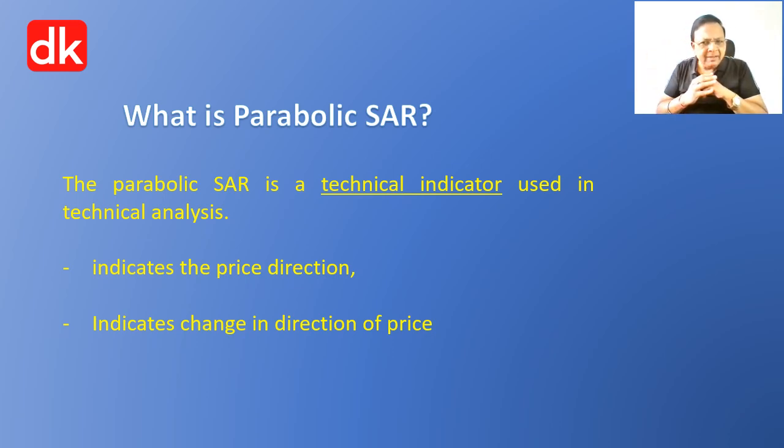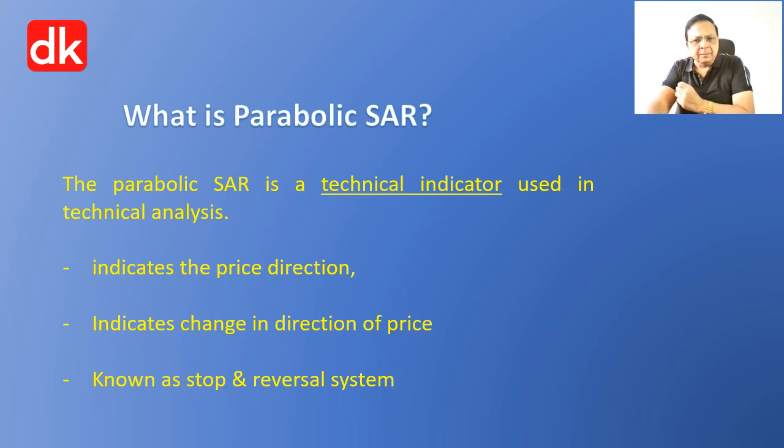What does it mean? If a market is moving in a particular direction, this indicator will confirm it, and the moment the market changes direction, it tells you that you should stop, because the market is likely to reverse. Hence the name parabolic SAR, stop and reversal.